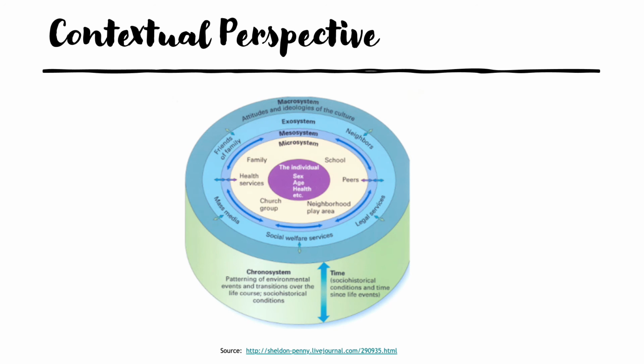And finally, the chronosystem adds the dimension of time. Let's take a minute and let you think about these. Ask yourself, can you tell me what might be in your microsystem as a university student? Take some time and think about it before moving on.